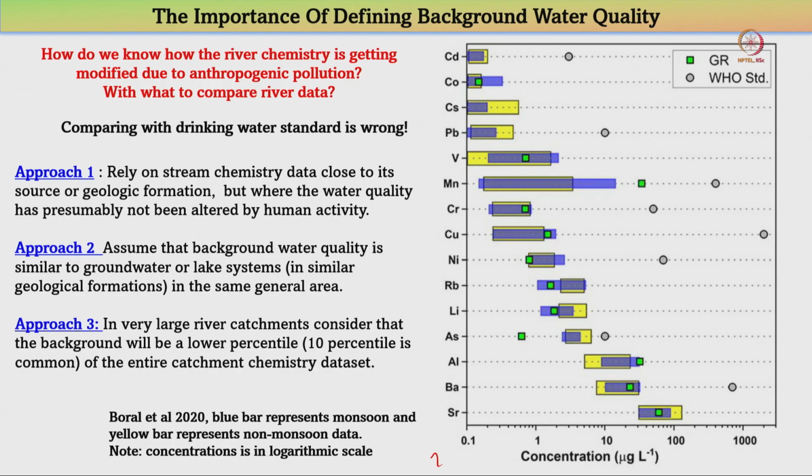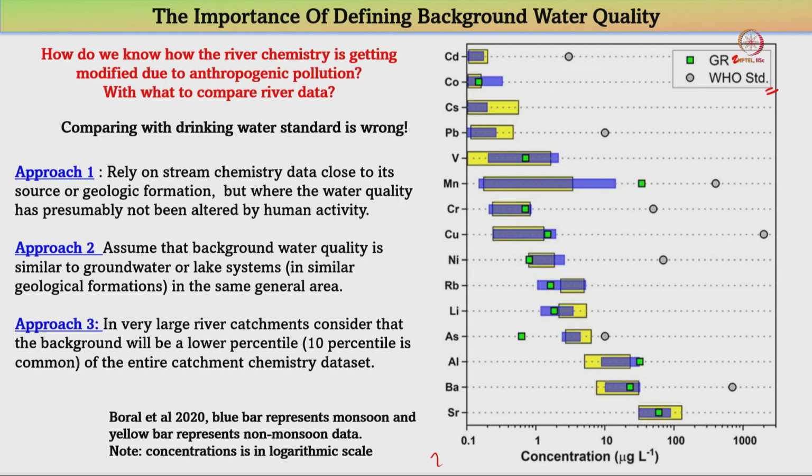for the Ganga river, compared to the global river average, and this is the WHO standard for drinking water. And as we can see, the Ganga average river water composition lies very similar to the global river, or basically it is suitable and okay for the Ganga itself, and this kind of data set will help us understand whether the water has declined in quality in the future.